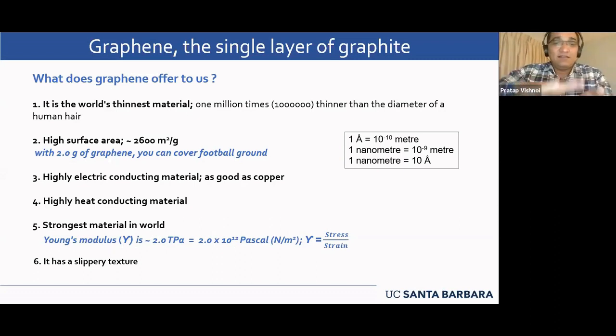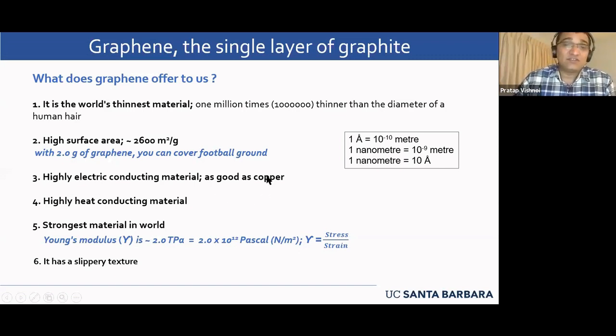So for 1 gram of graphene, the area on the top and bottom, you ignore the edge area because when you have a big sheet it of course becomes negligible, is about 2,600 square meters, or if you split it into, I would say, a 50 by 50 ground. And 2 grams of graphene can cover a football ground. So it has a very high surface area.